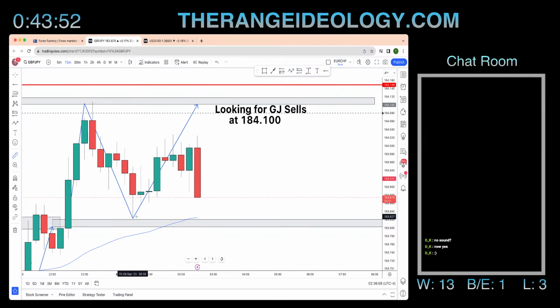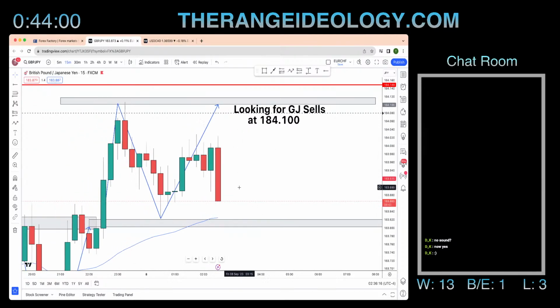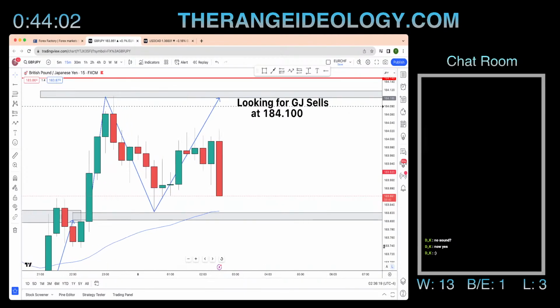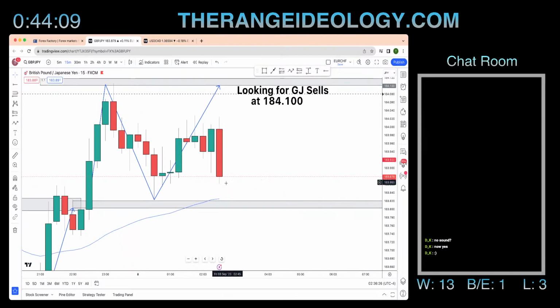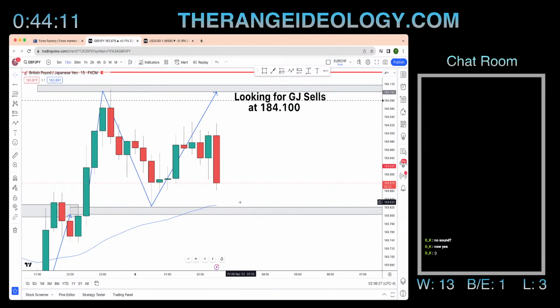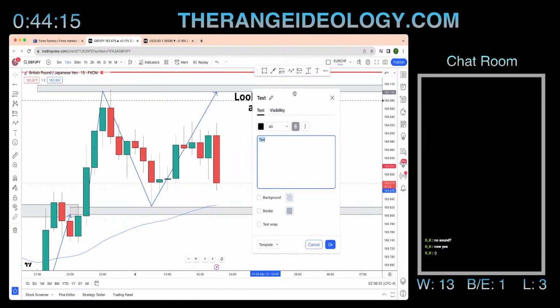And we are about 5-6 pips away. Since this EMA is right in line with our range, this would most likely be instant execution. So I'm just going to get this ready here.